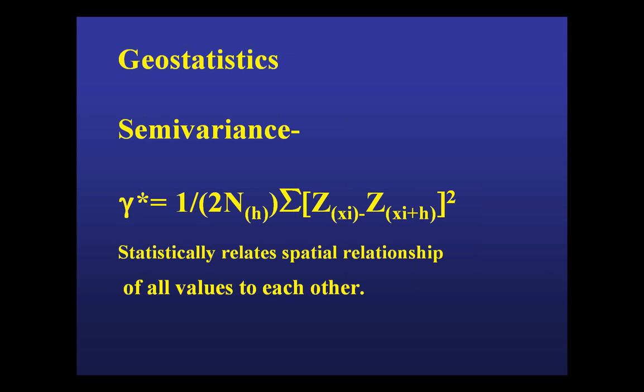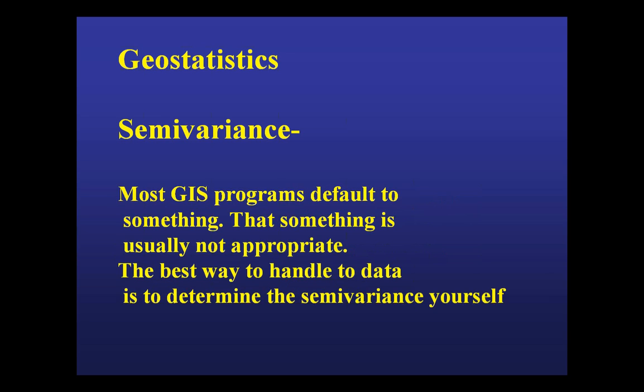So most of the GIS programs you have, including ArcView, are going to default to something, and that something might not be appropriate. The best way to handle the data is to determine the semi-variance yourself. There's a number of different programs, or if you're a computer guru and understand a little programming, you could do your own. I use GS Plus. Others use other things.